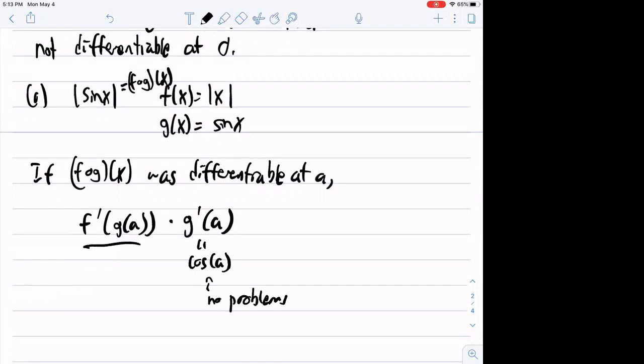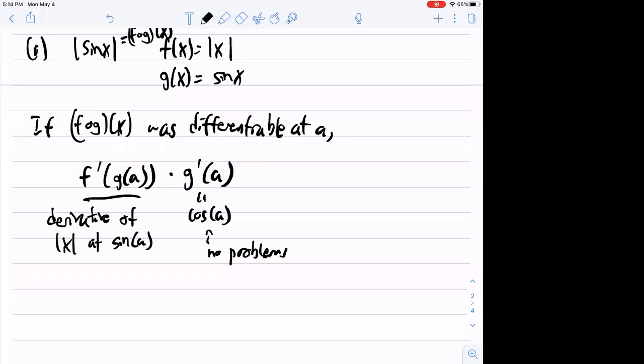But this is the derivative of absolute value of x at sine of a, because g of a is sine of a. If you recall, absolute value of x is not differentiable at 0. So the question becomes, sine of what is 0? I trust you all know this, it's going to be multiples of pi.